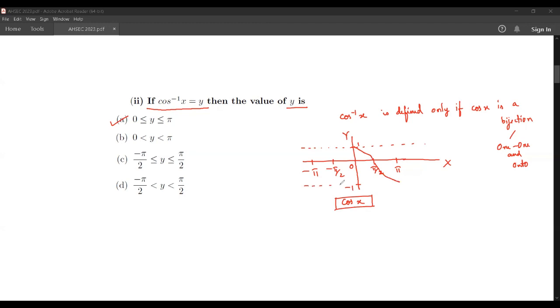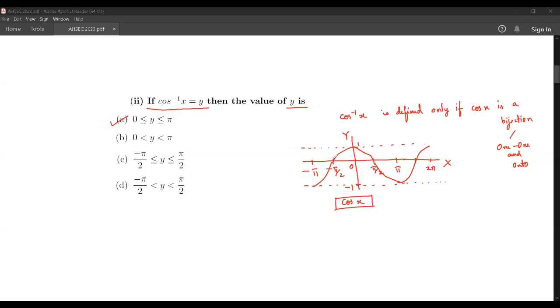And we know this cos function is periodic, so it will go on like this. In the next, this is 3 pi by 2, and at this 3 pi by 2, it will go up again. And at cos 2 pi, it will go to 1. Similarly, minus pi will come down here. It will go like this, and so on.